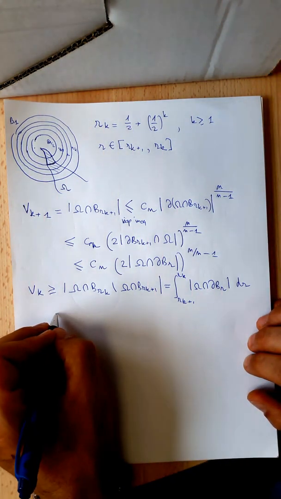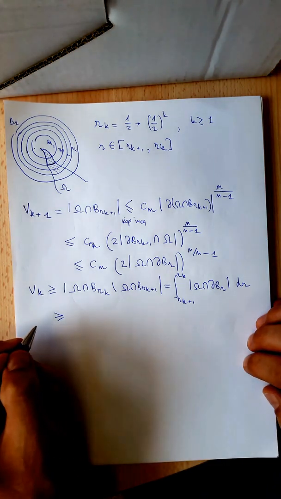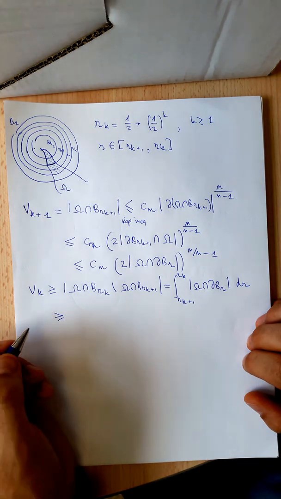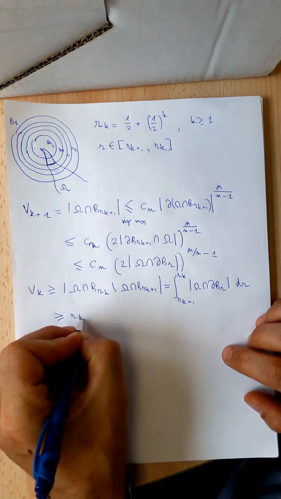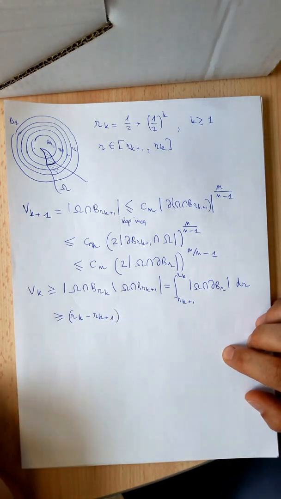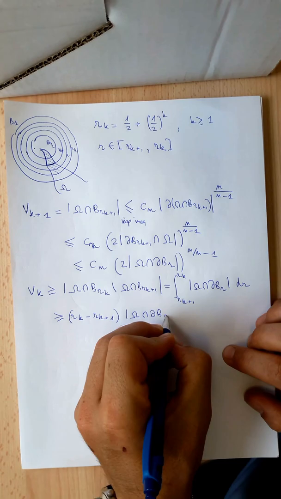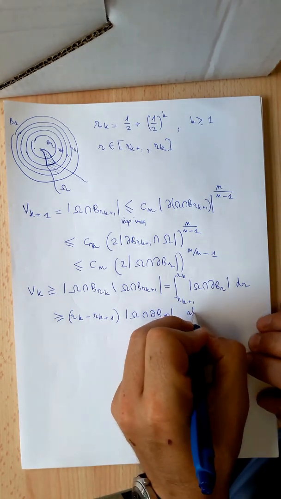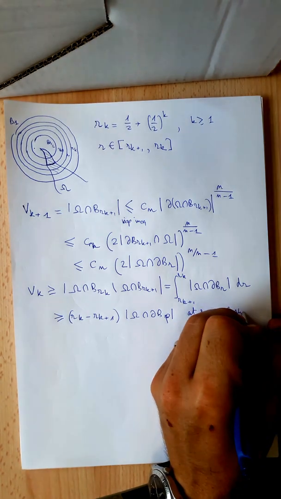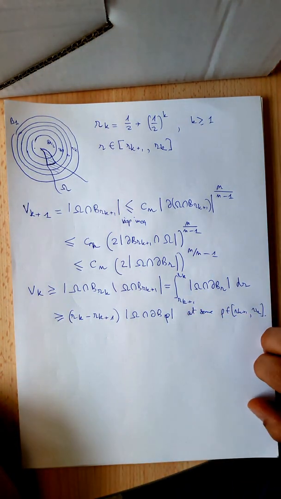And this whole quantity, by one of the mean value theorems from first year calculus, is bounded below by the length of the interval, r_k minus r_{k+1}, times the surface area at some rho between r_{k+1} and r_k.